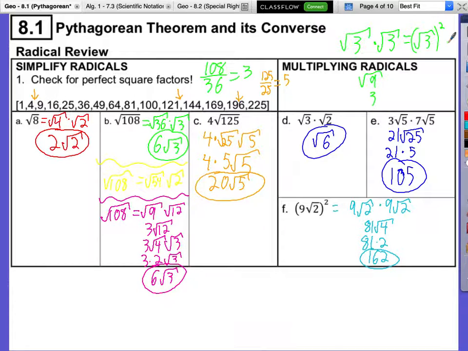They are inverses. They undo each other. What undoes multiplication? Division. So a square undoes a square root, and a square root undoes a square. Whenever we square a square root, we just get what's inside of it.